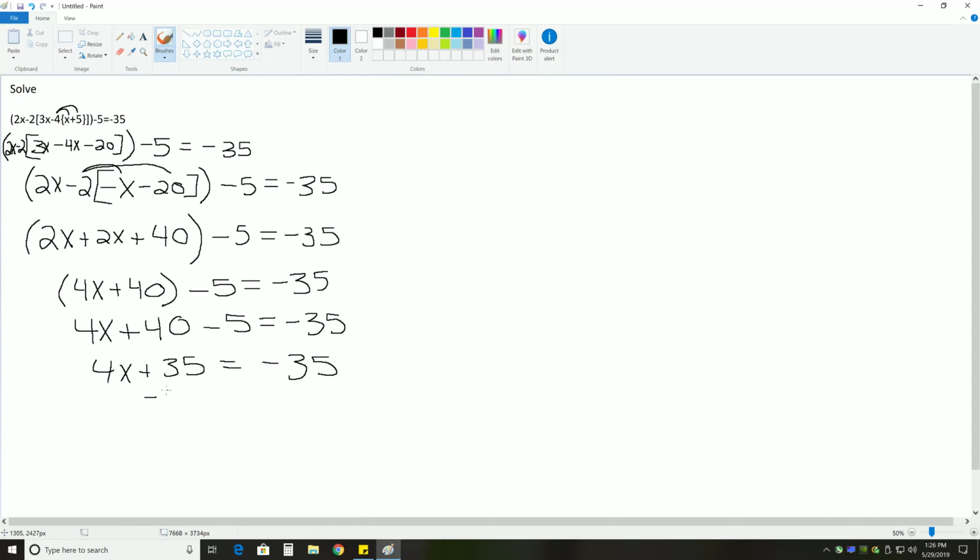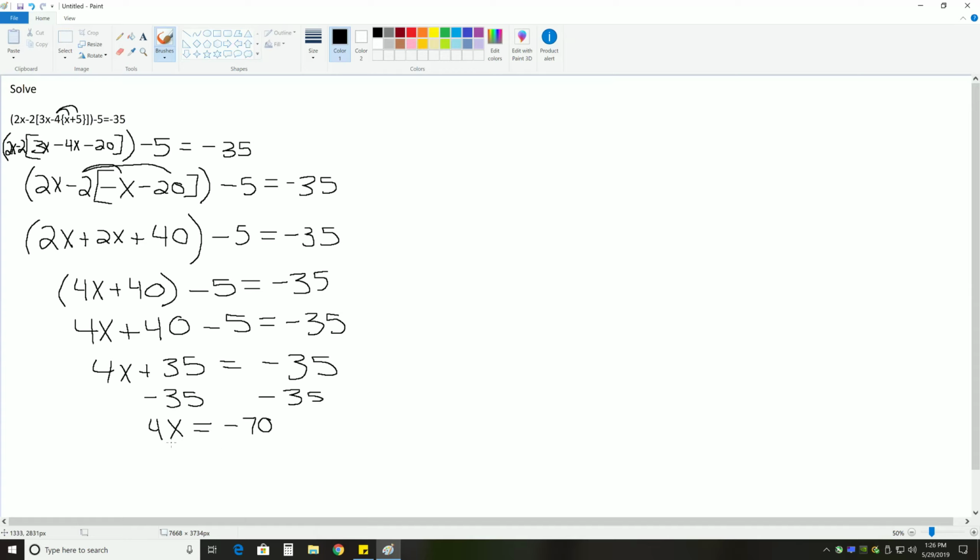We then subtract this 35 from each side to get our x alone. We're working toward getting this x by itself, so we remove the addition first, which gives us 4x equals negative 70.